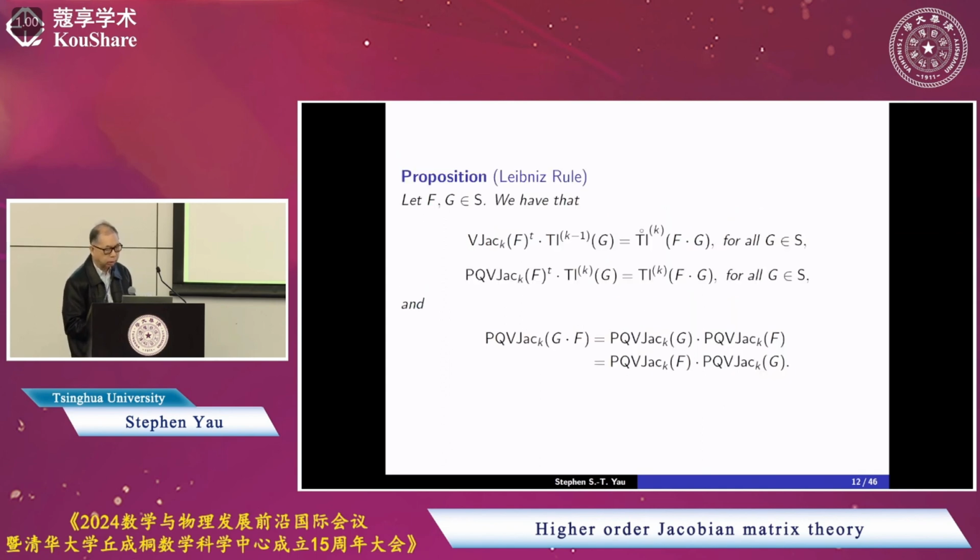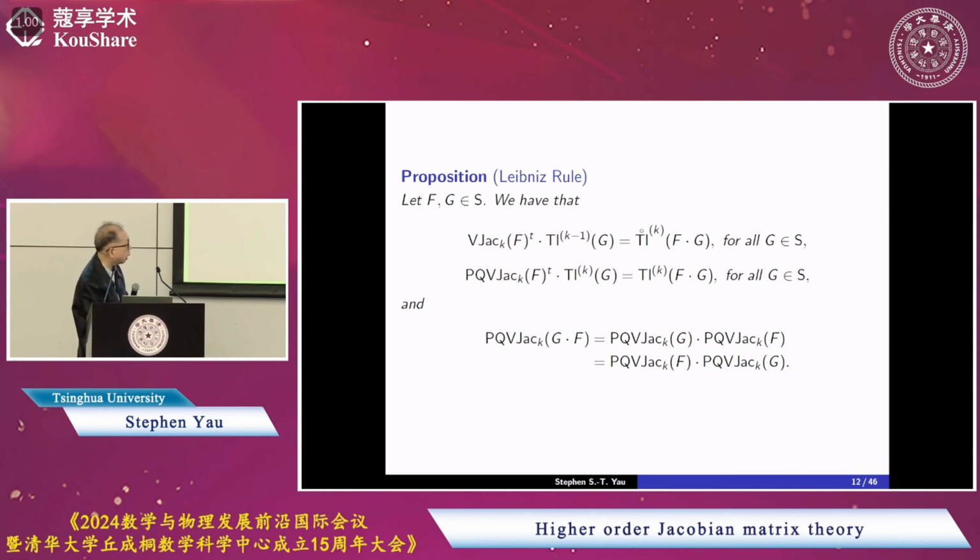So you can show that you have the so-called Leibniz rule. In vector form, the Taylor expansion of F times G is equal to the vector Jacobian matrix transpose times the Taylor expansion up to order k minus 1 of G. And the Taylor expansion up to order k of F times G is equal to the P-quasi vector Jacobian matrix transpose times this TLKG.